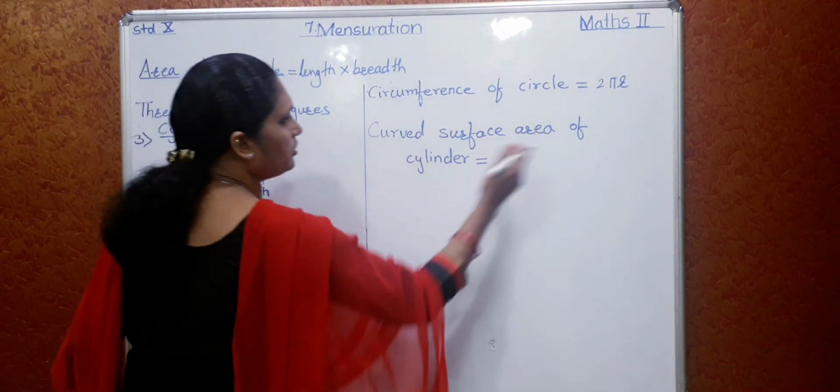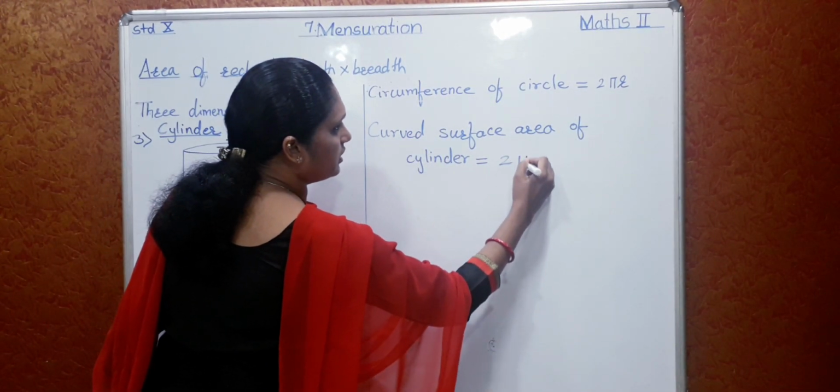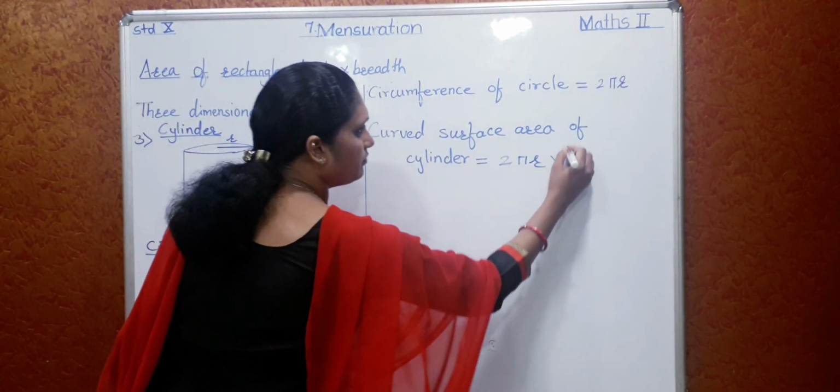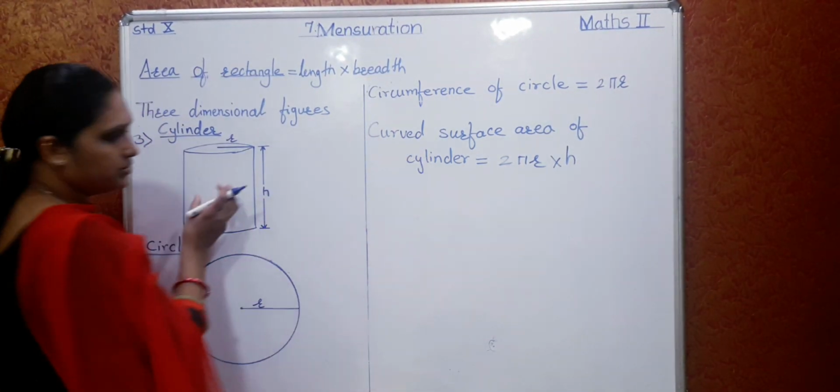So the curved surface area of a cylinder is the circumference of a circle, 2 pi r, into h.